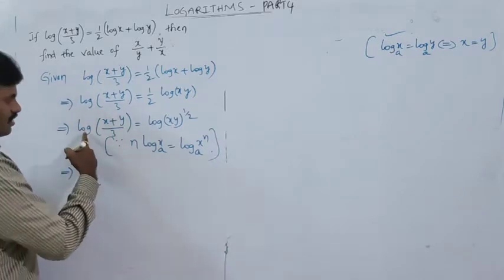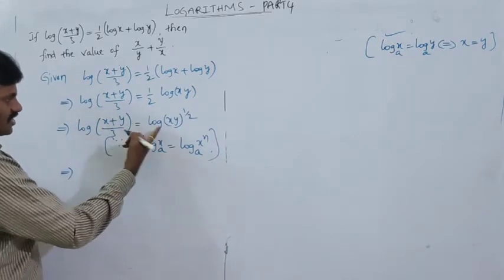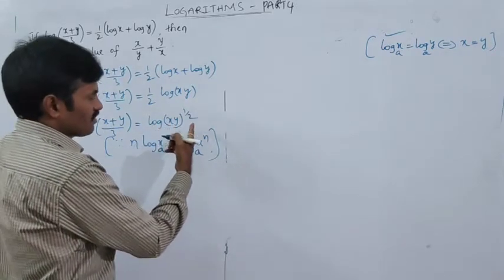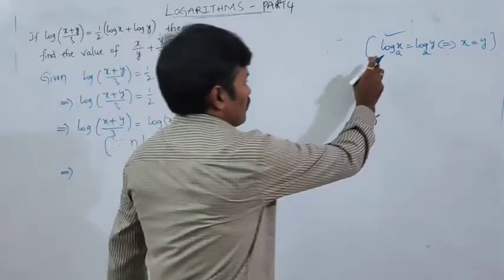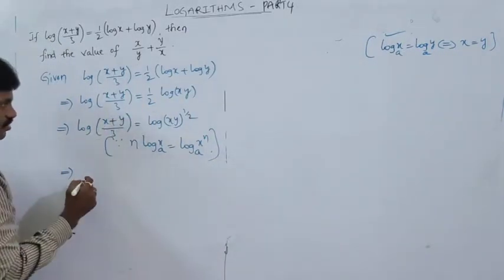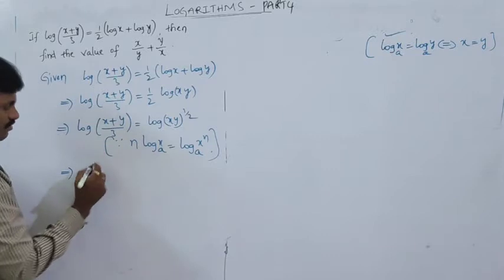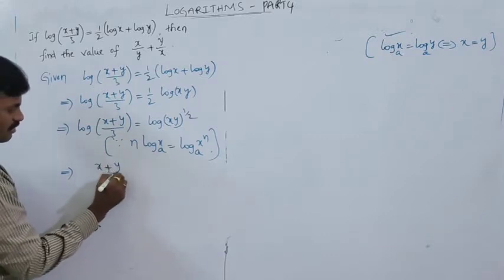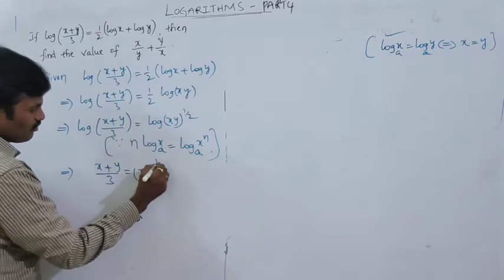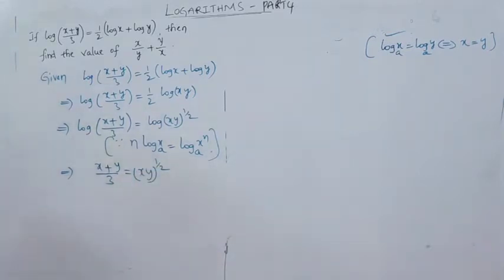Now if you observe, the logarithmic function is there on both sides. So log of (x plus y) by 3 is equal to log of (xy) to the power of 1 by 2. By this property we can cancel log on both sides. By removing log we can write it as (x plus y) by 3 is equal to (xy) to the power of 1 by 2. Am I correct?